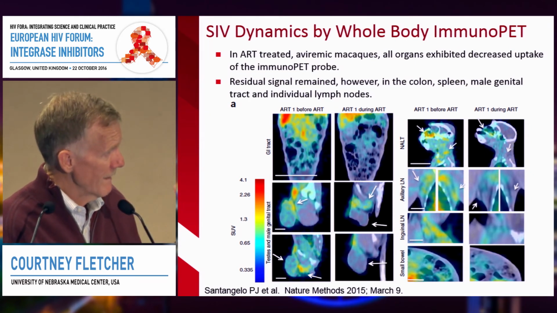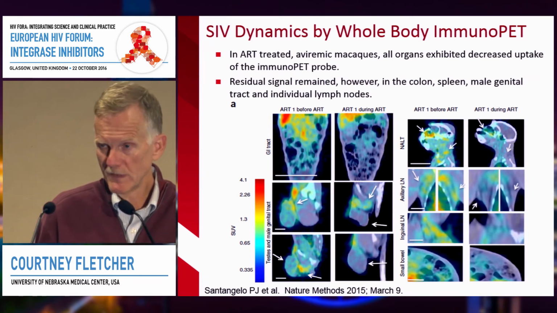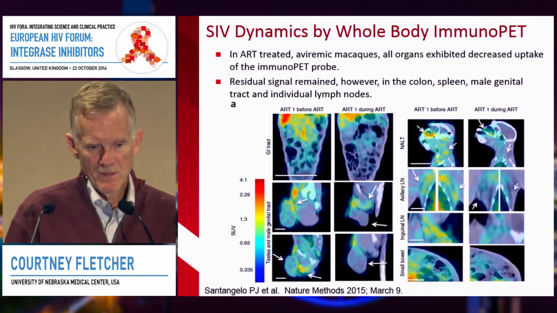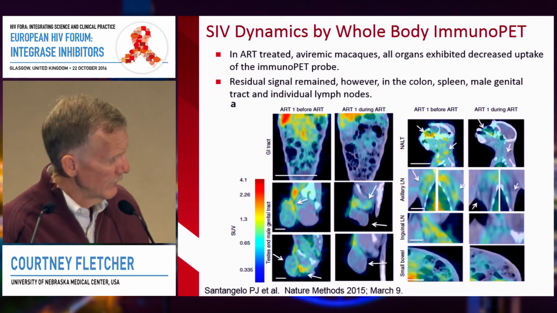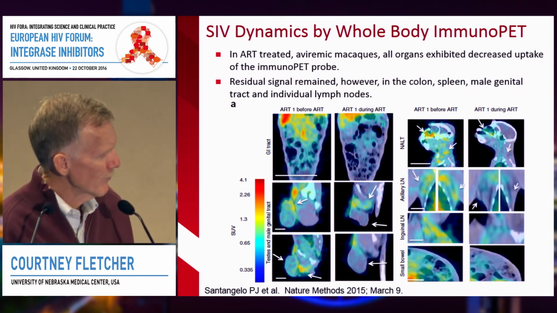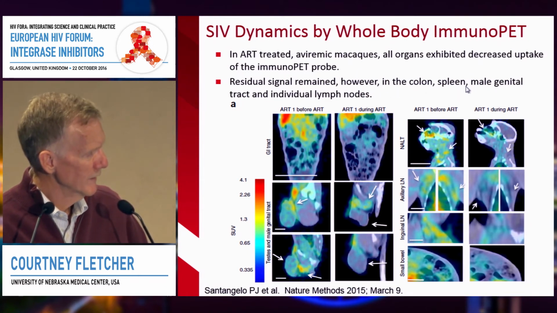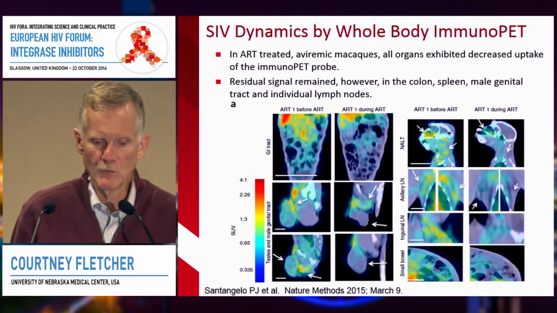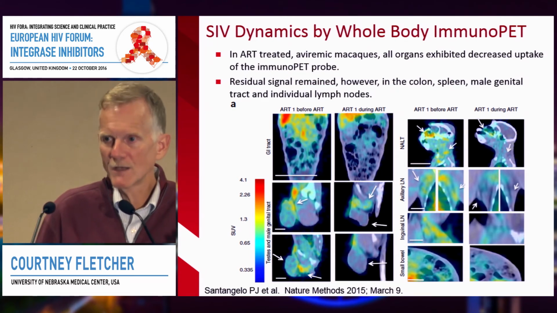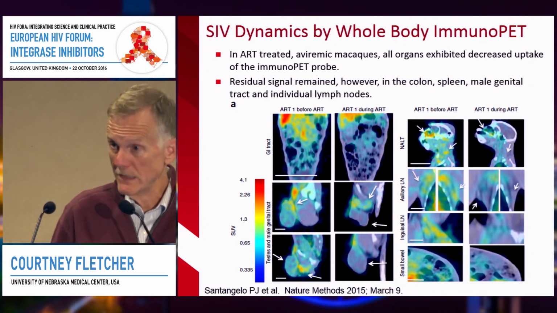In this case, looking at macaques, SIV infected, treating them with conventional antiretroviral therapy, finding that viremia was suppressed, but then using this whole body immunoPET probing, and finding that there was residual signal for viral replication in the colon, spleen, male genital tract, and in individual lymph nodes, organs to which these drugs are not going to penetrate to the same degree that they reach plasma.